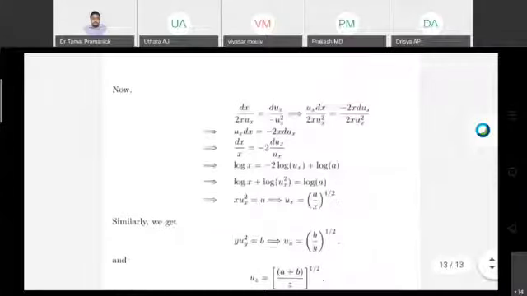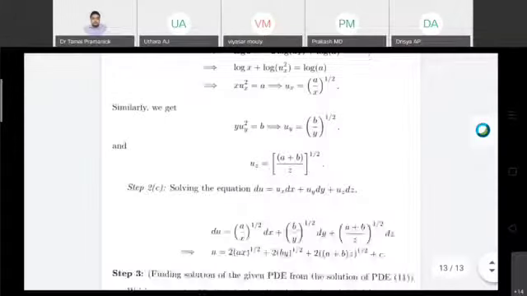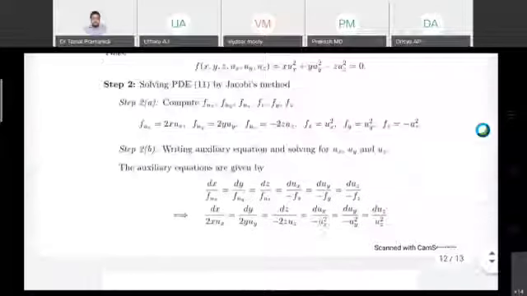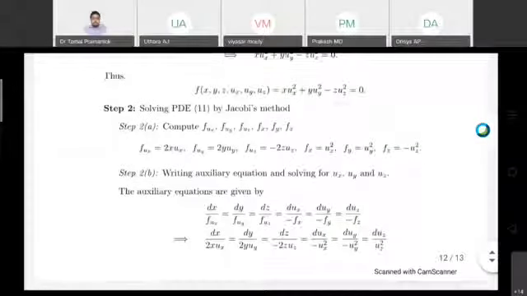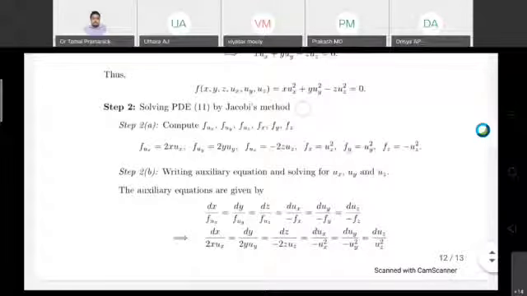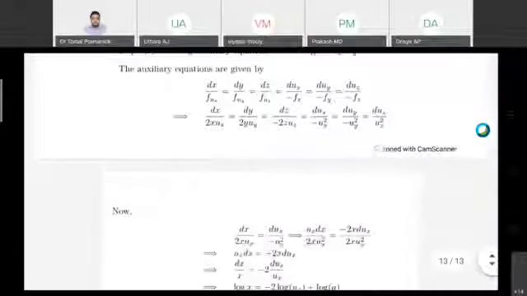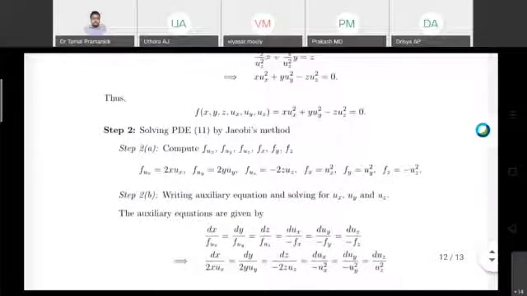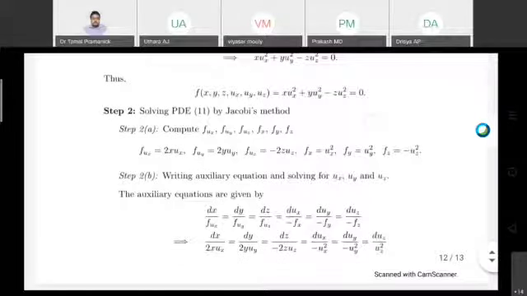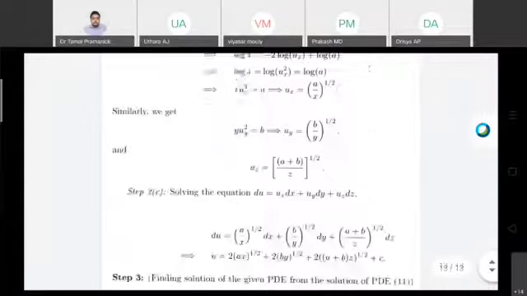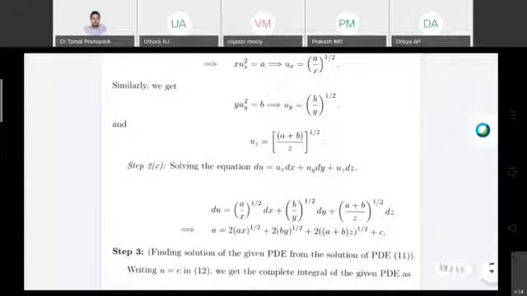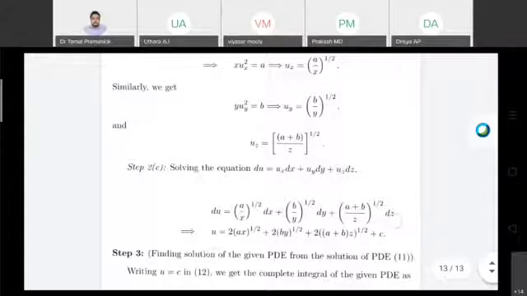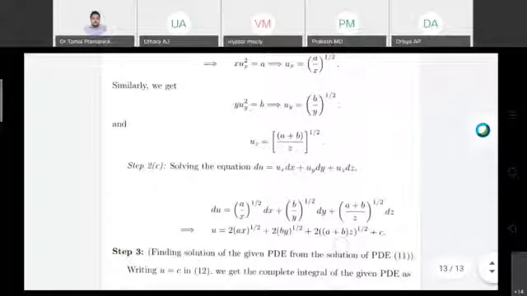After putting all this, you will get uz from this. You don't need to solve uz again, just put it directly here. Once you get all the ux, uy, uz values, you put them in the integral and do the integration, so another constant will come.